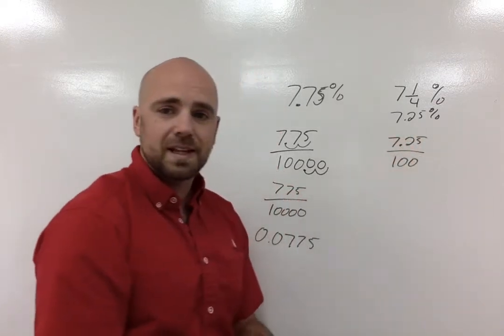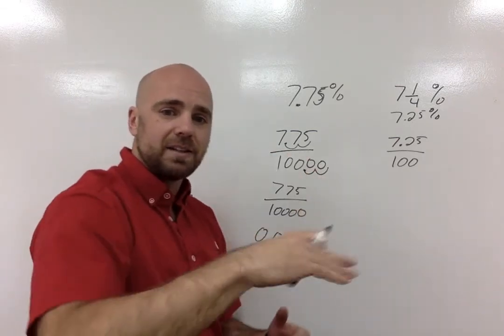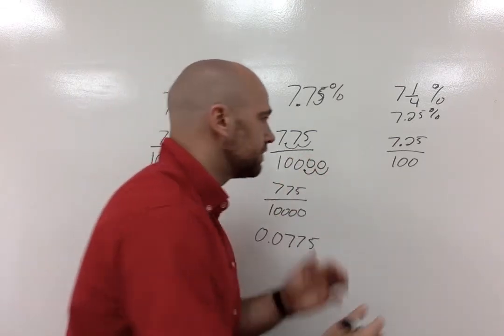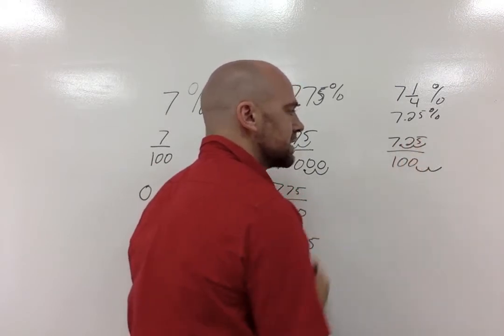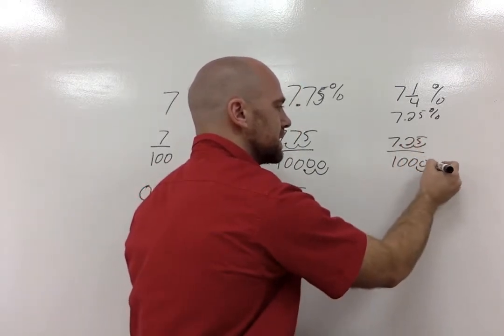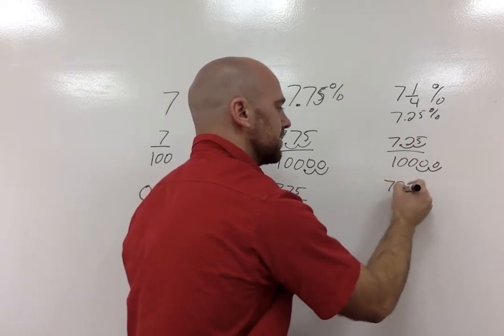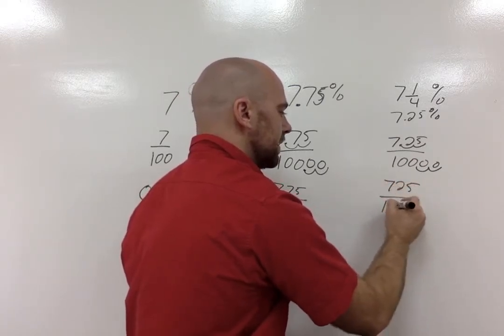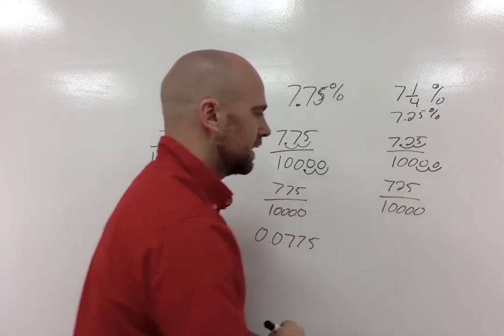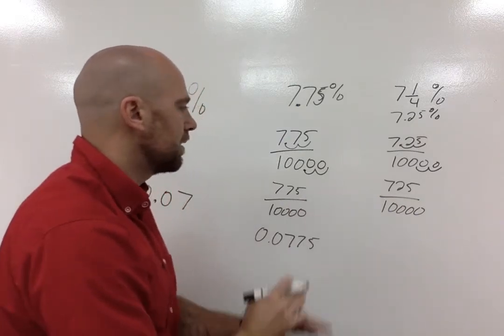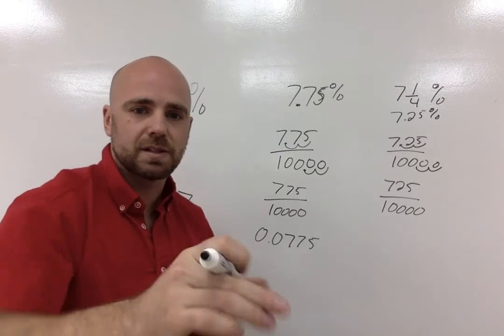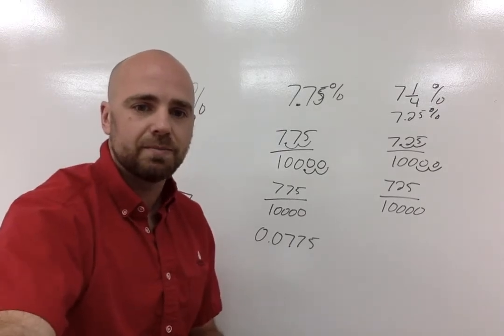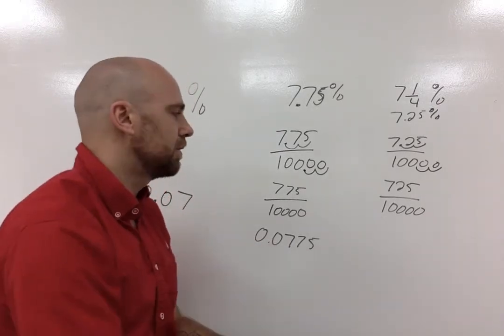Okay. Once again, similar to my last question, I need to move my decimal over 2 places, which means I'm adding 2 zeros, so 725 over 10,000. Okay? I'm not worried about reducing anything right now, although I obviously could, but I'm just trying to show you exactly what we can get to.